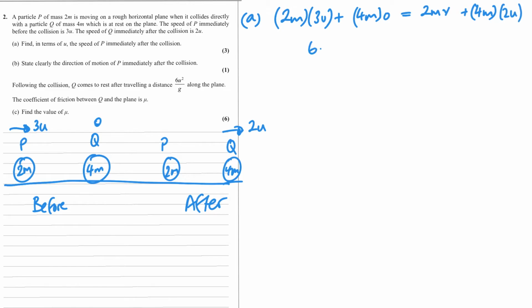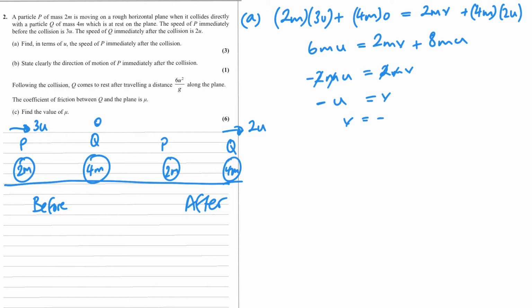So we get 6mu on the left, and then 2mv plus 8mu on the right. So if I rearrange, we get 2mv equals negative 2mu. And you can see that here we can cancel the m's, cancel the 2's. So v is equal to minus u.